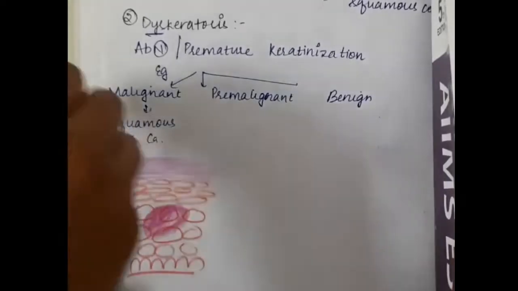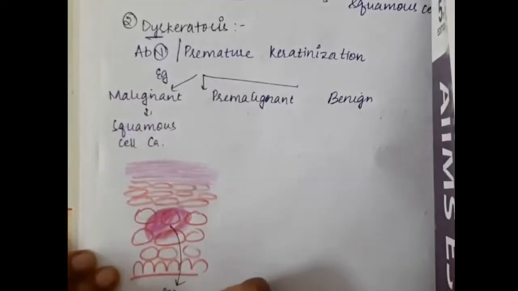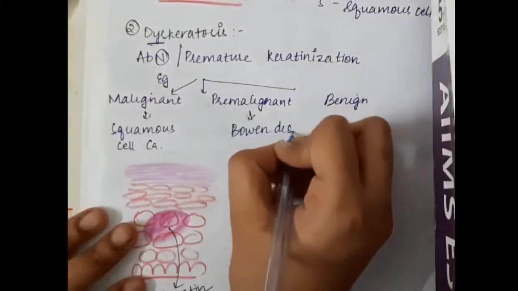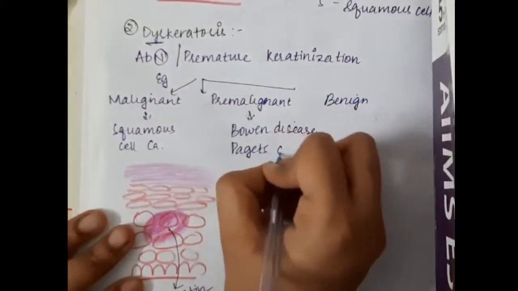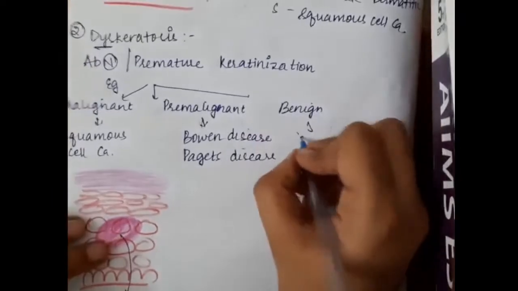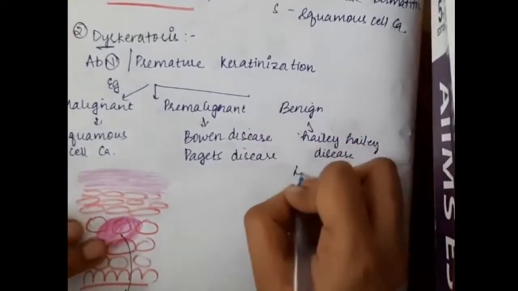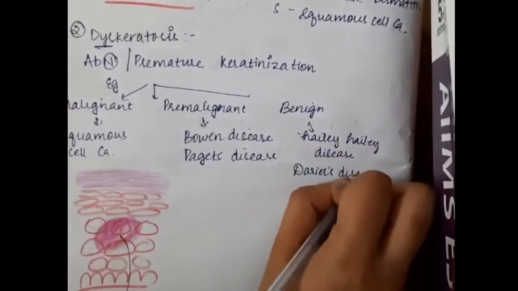Normally keratinization is seen in the stratum corneum, but if abnormal keratinization with keratin pearls is seen, that is, for example, squamous cell carcinoma. Then in pre-malignant conditions like Bowen's disease and Paget's disease, and in benign conditions like Hailey-Hailey disease and Darier's disease, you see premature keratinization or dyskeratosis.